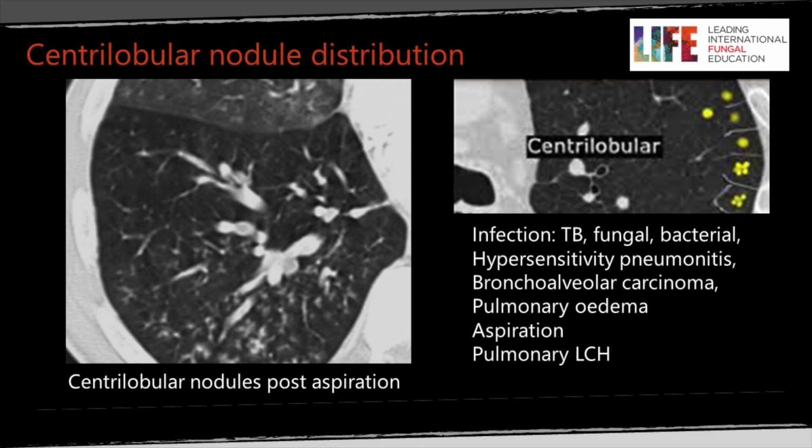In the right-hand image you can see the interlobular septa outlined in white, and the yellow represents different patterns which can affect this centrilobular area. Wide differential here, but infection, hypersensitivity, cancer, and also fluid, either edema or aspiration. We've already mentioned Langerhans cell histiocytosis, which can be thought of as a reaction to cigarette smoke.